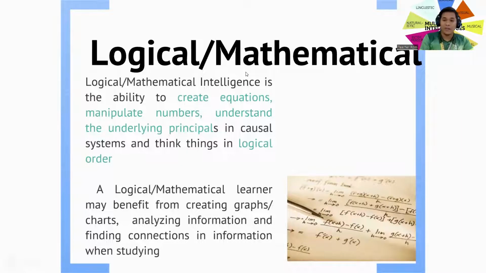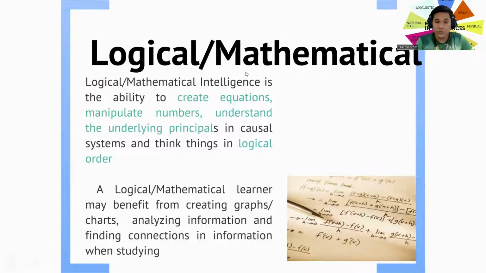logical mathematical intelligence. This is the ability to create equations, manipulate numbers, understand the underlying principles in causal systems, and think in logical order. A logical mathematical learner may benefit from creating graphs, charts, analyzing information, and finding connections in the information when studying.